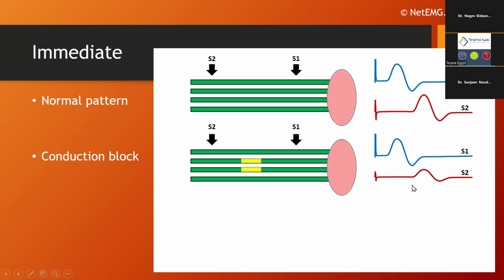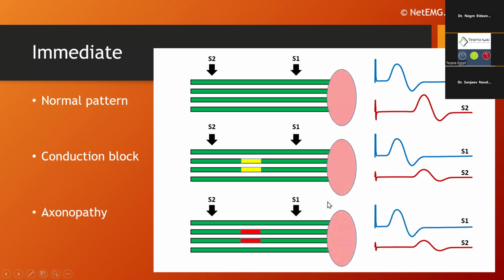I cannot tell. But if I were to wait for a couple of days, about 2 weeks or more, then if it's a conduction block, we will get the same pattern over here, a normal distal response and a small proximal response.